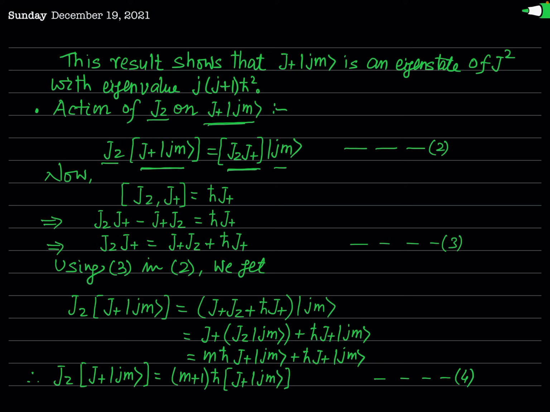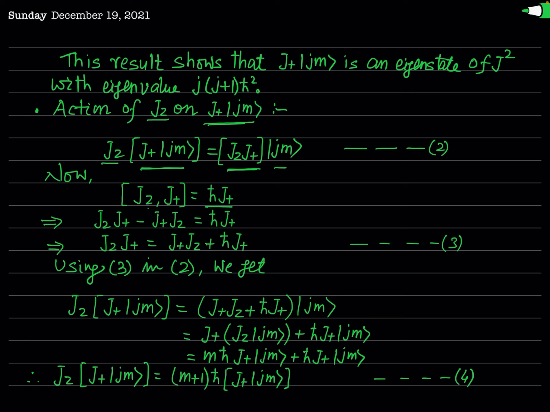You have seen in the previous lecture that the commutator of Jz and J+ does not vanish, but is equal to ħ J+. We have just seen this in the previous lecture.